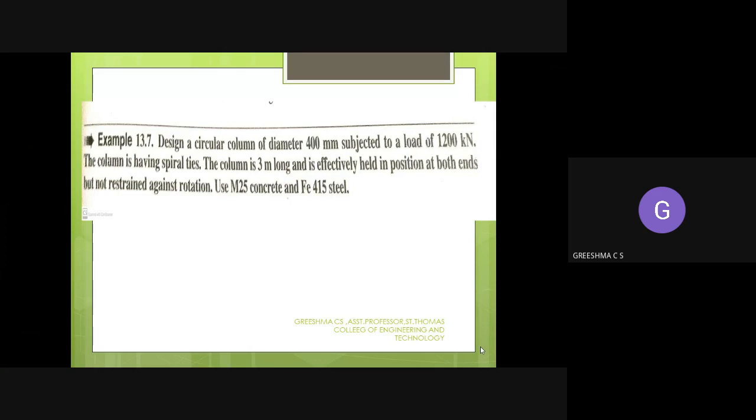Design a circular column of diameter 400 mm subjected to a load of 1200 kilonewton. The column is having spiral ties. I'll tell you what a spiral tie is. The column is 3 meter long, effectively held in position at both ends, but not restrained against rotation.